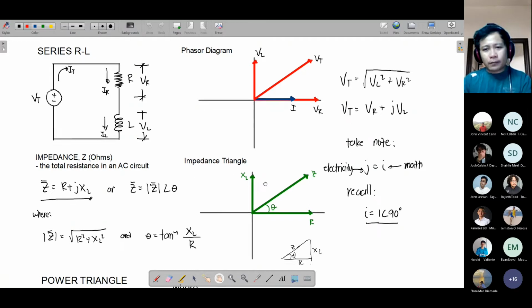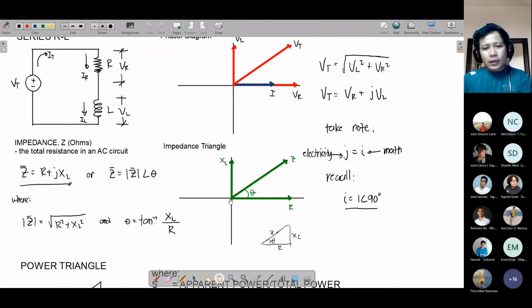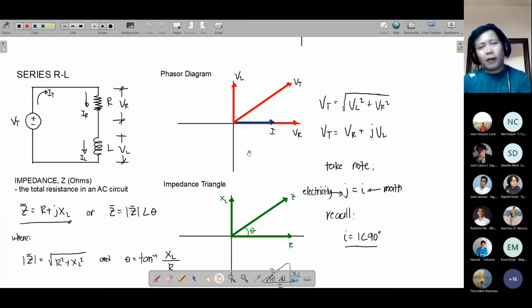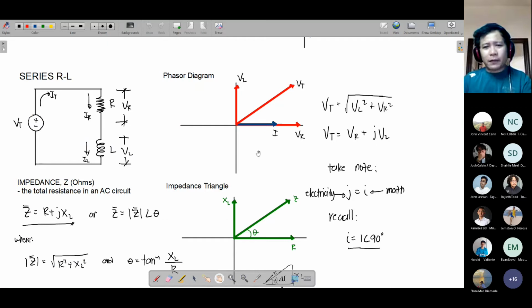It's because, you have here, in terms of the voltage and the current, since the resistance is in phase, the voltage and current are together here. Okay? But the behavior of the inductor, take note, is that the current lags. So if the current lags, therefore the voltage of the inductor should be ahead by 90 degrees from your current.